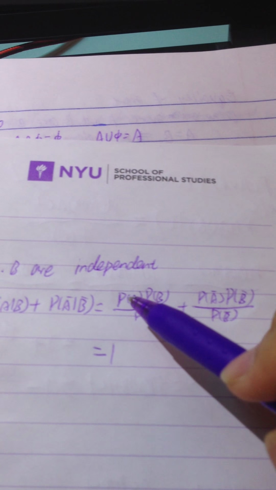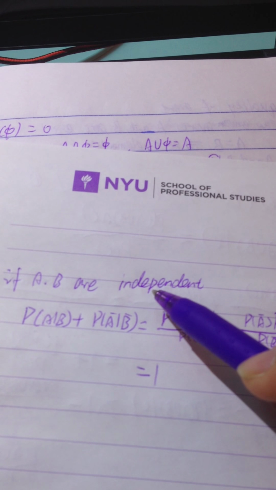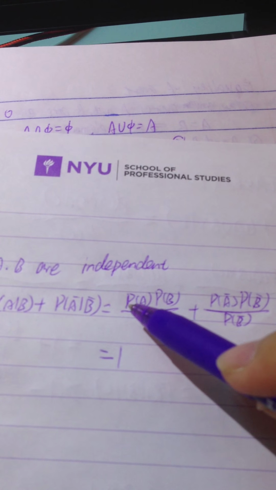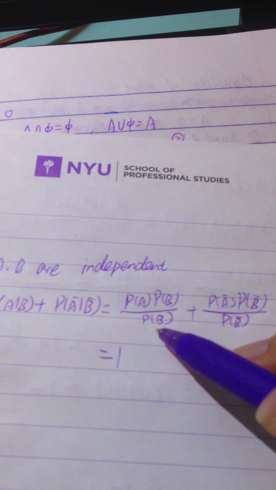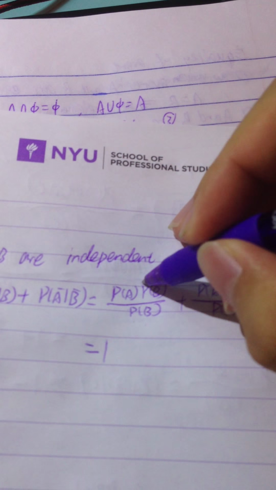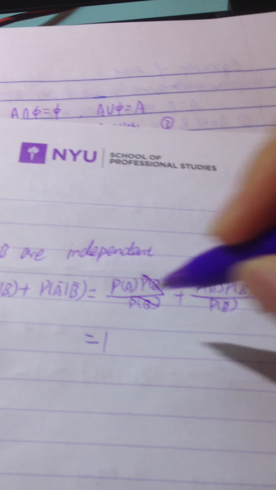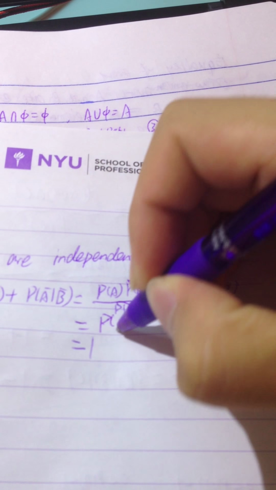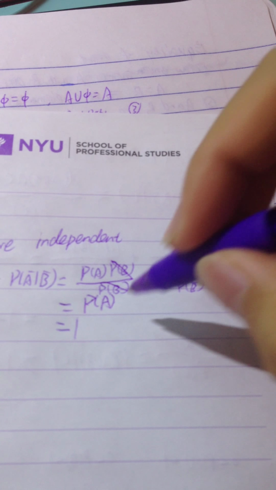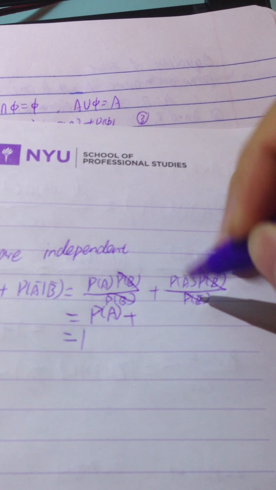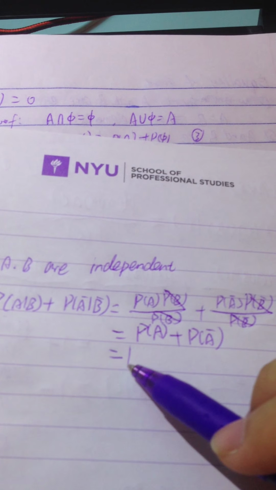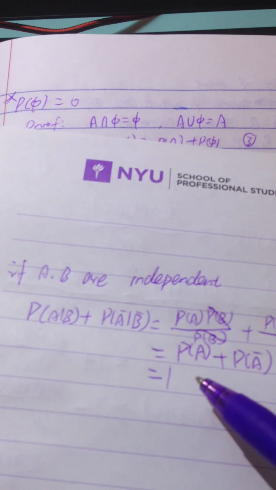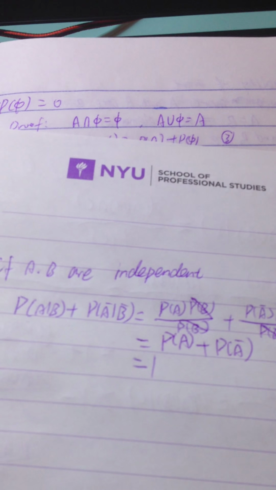It equals, because A and B are independent, the probability of A times the probability of B, over the probability of B. That's the probability of A, right? And the second item is the probability of A complement. Apparently, it equals 1. So we have also proved its necessity.